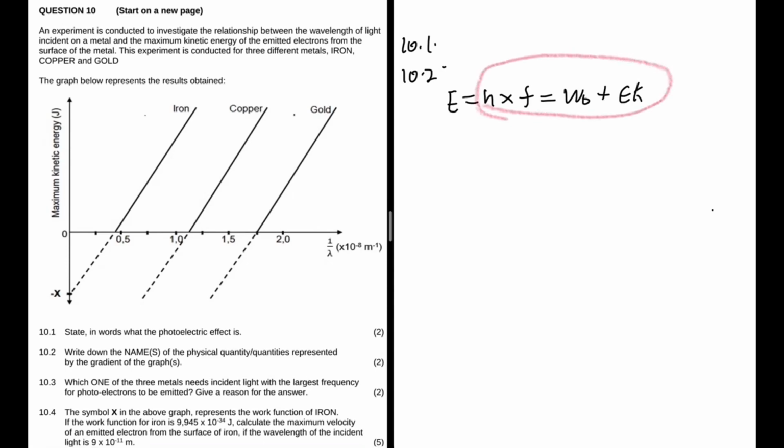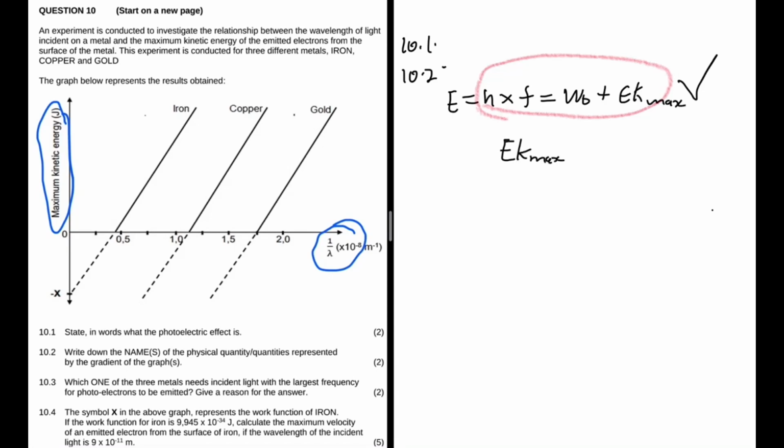So in our graph here, we have 1 divided by wavelength as our X and the maximum kinetic energy as our Y. So in this formula, we have to make the maximum kinetic energy the subject of the formula.